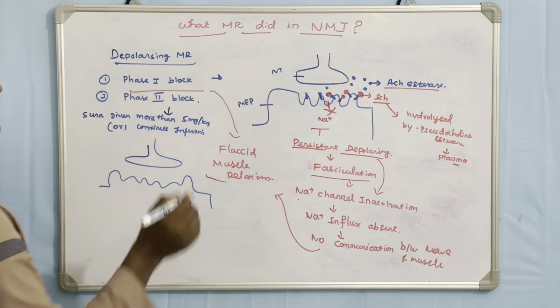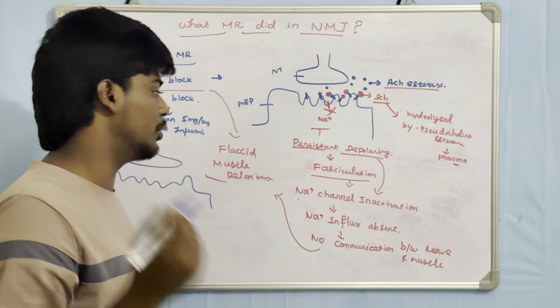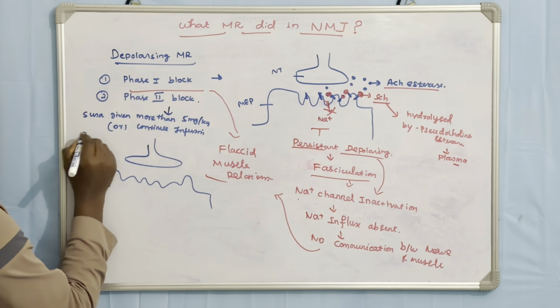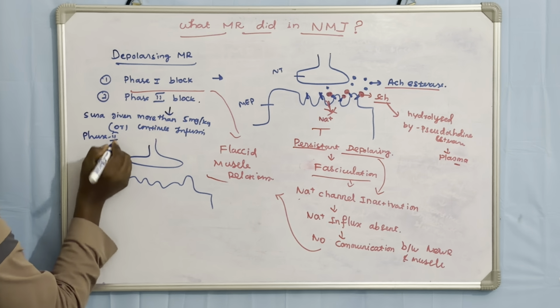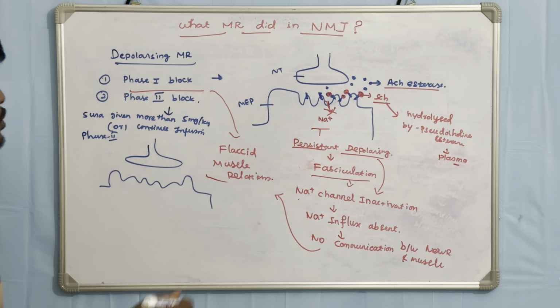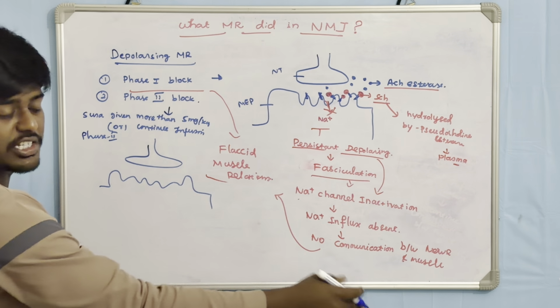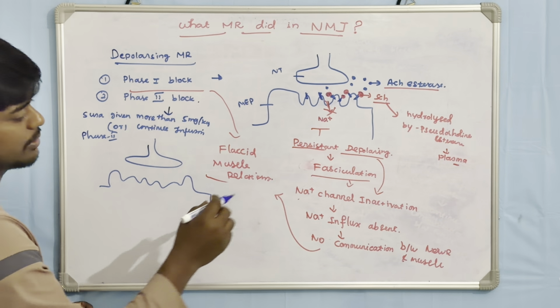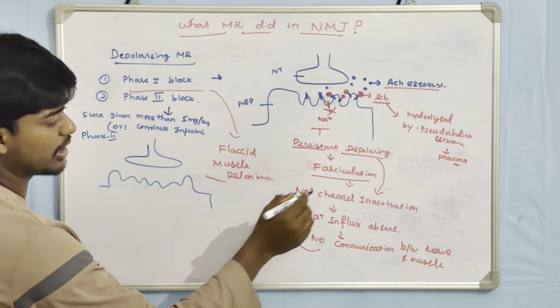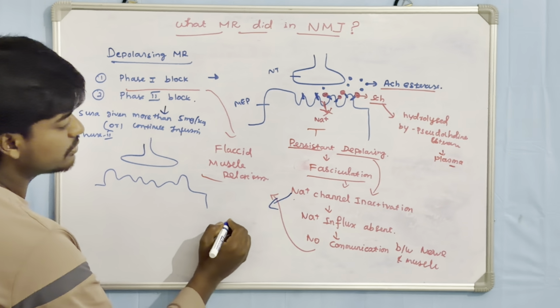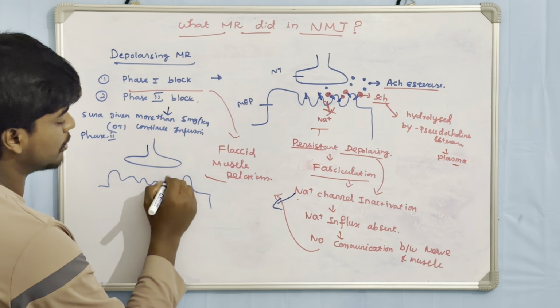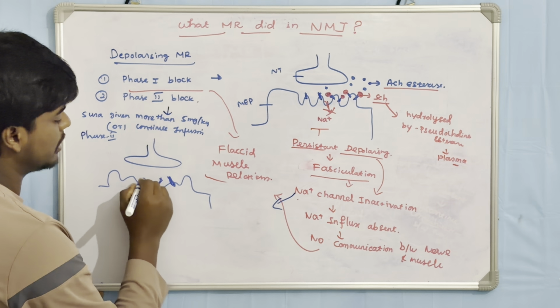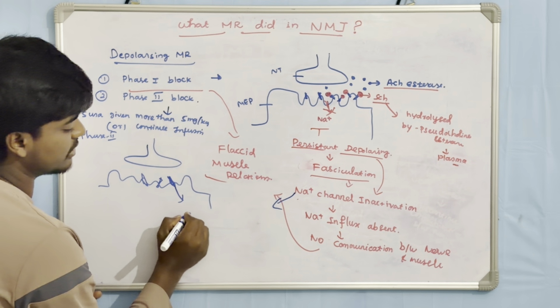So when succinylcholine is given as an overdose, the phase two block happens. From inside, the same physiology happens. After some time, the sodium channel becomes inactivated. Then the nicotinic receptor also gets desensitized.